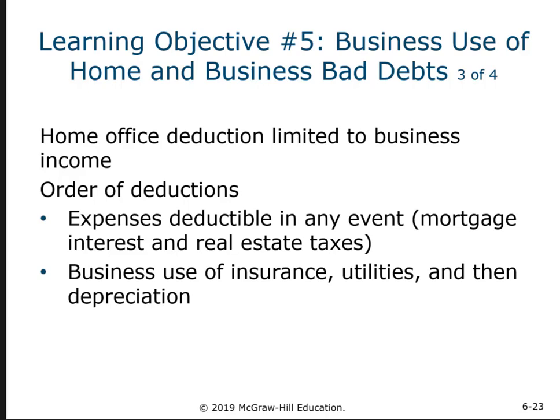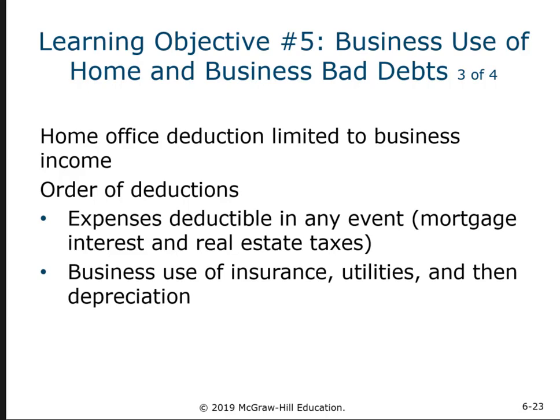Now, they do make some stipulations about how you do this. When you are calculating your deduction for home office, you have to deduct mortgage interest and real estate taxes first. You'll remember that those two are part of our itemized deductions back in chapter 5.